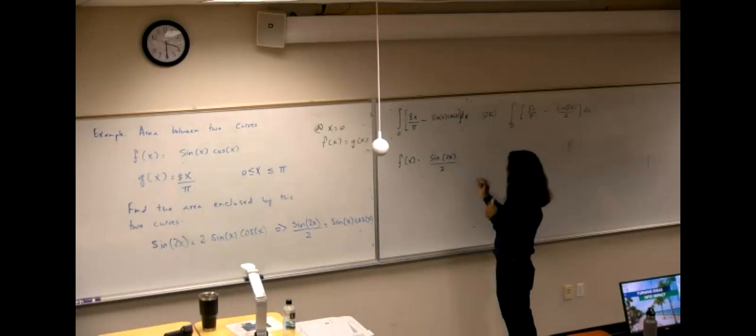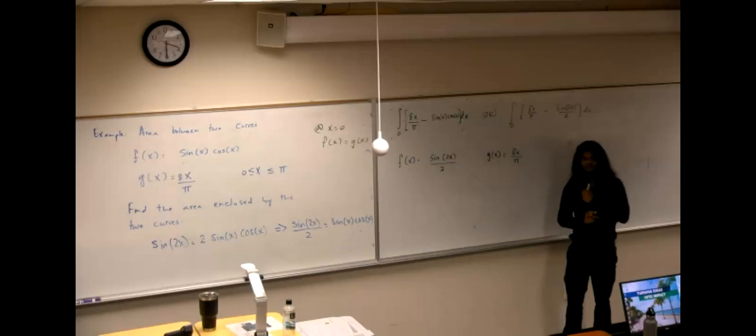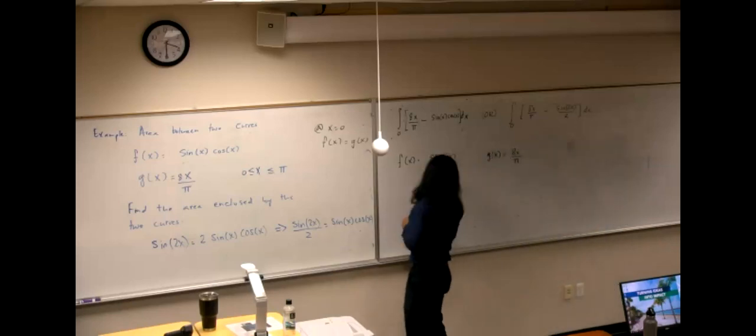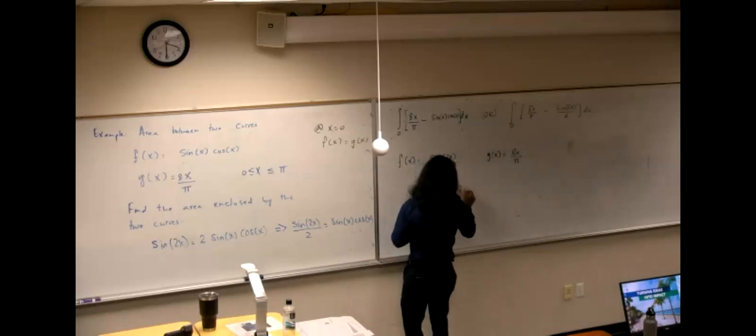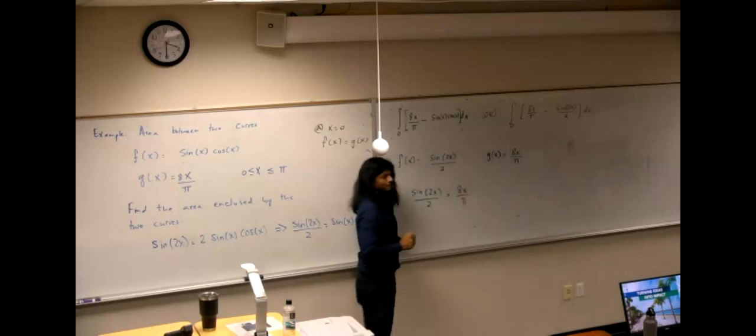I just rewrote it. The next function is 8x over pi. Set them equal to each other. Sine 2x over 2 equals 8x over pi.